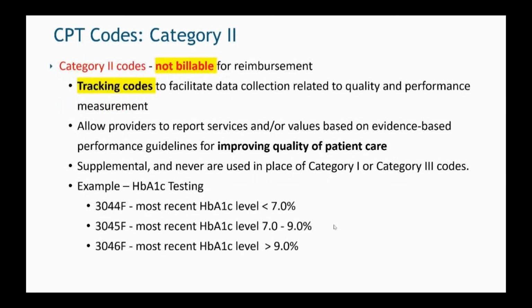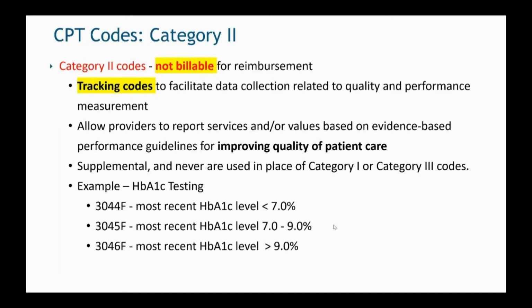And then we've got the Category 2 codes. These are not billable for reimbursement. They're called tracking codes to facilitate data collection related to quality and performance measurement. You can see at the bottom, like 3044F, that would be for an A1C level of less than 7%. 3045F is an A1C of 7.0 to 9.0, and 3046F is an A1C of greater than 9.